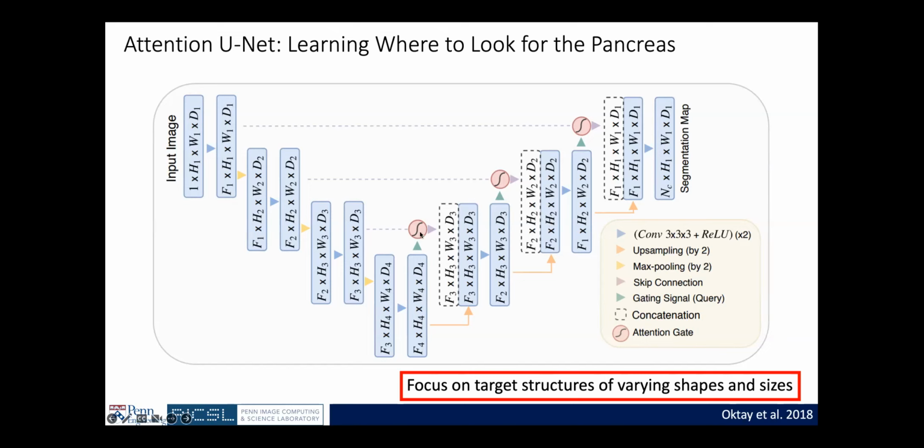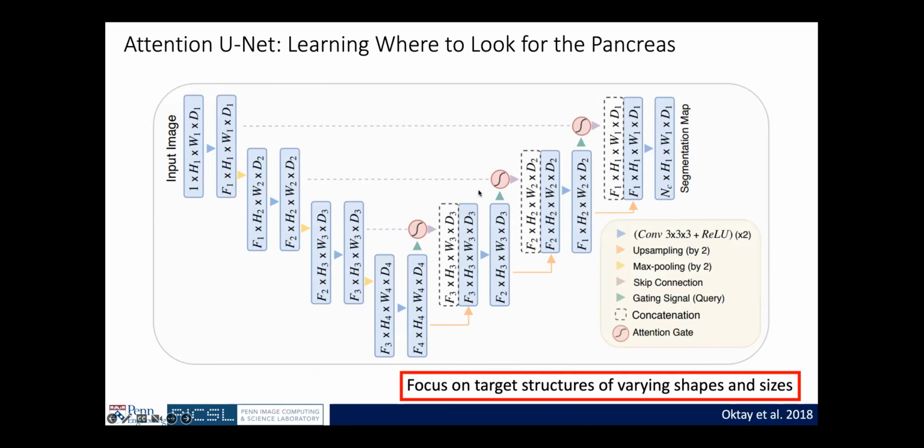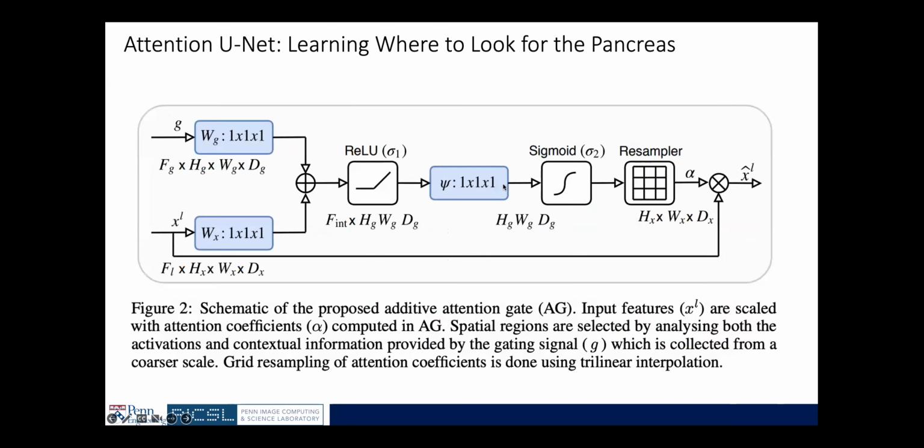The basic idea of attention is to focus on a particular region in your image so that the network knows where to look to segment that particular region. Let's say we are looking at this network output.